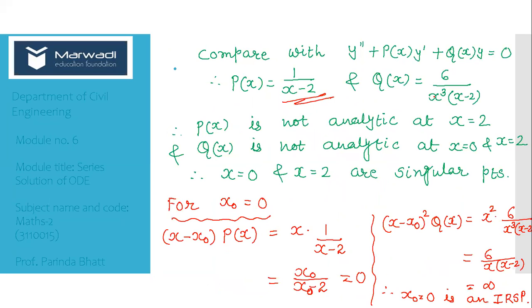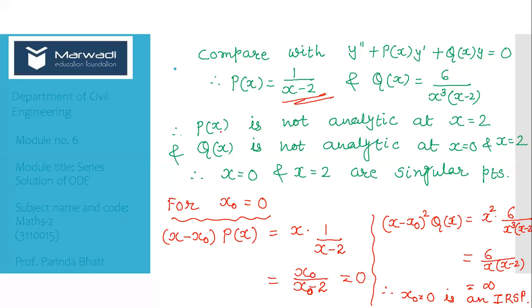When these two values of x are entered in p of x and q of x, then p of x and q of x become infinite. That means they are not analytic at that point, and these points are known as singular points.